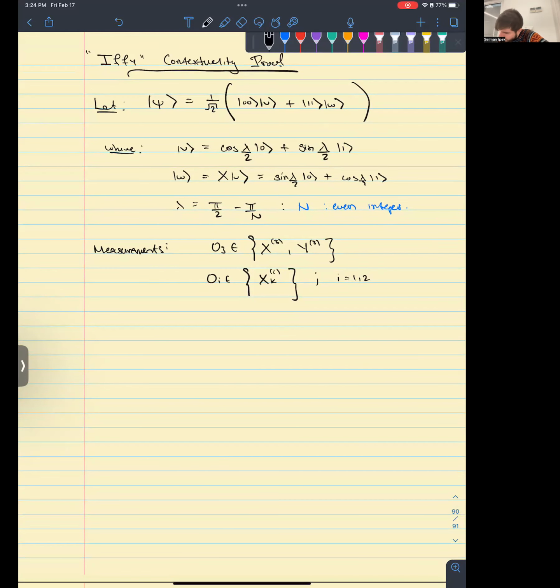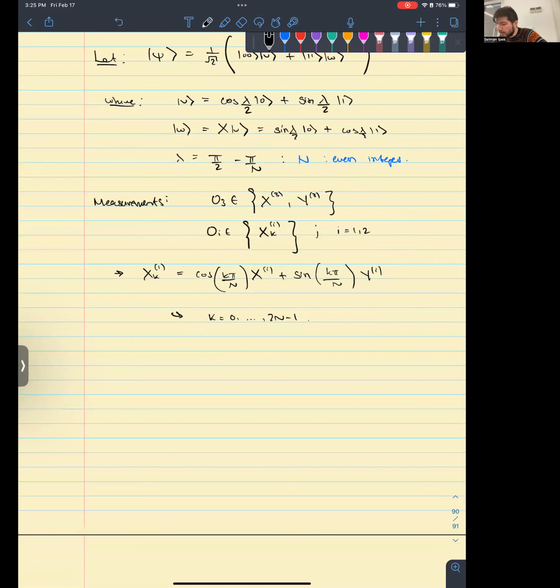What is this X_k? It is the following observable: cosine of k pi over n times X plus sine of k pi over n times Y, where k is any integer between 0 and 2n minus 1.